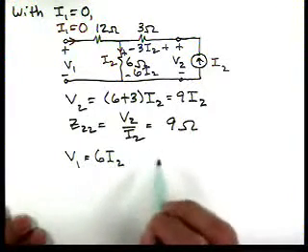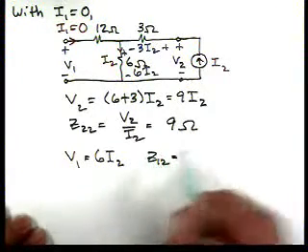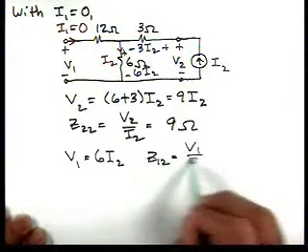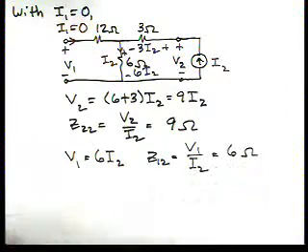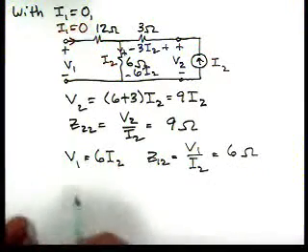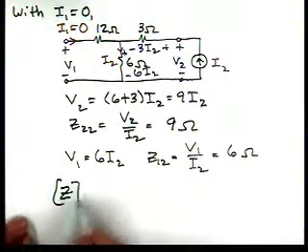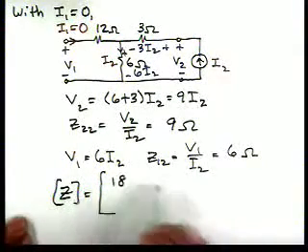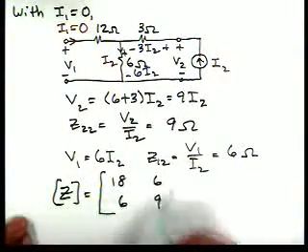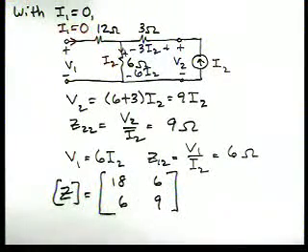So then Z12 is V1 over I2, which is 6 ohms. So then our Z parameters for this circuit are 18, 6, 6, and 9. So now that concludes the first part of our calculation.